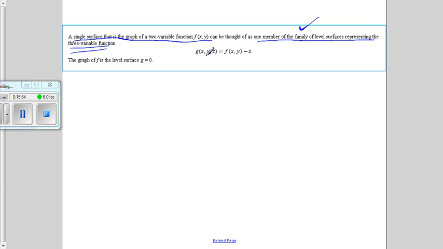Said again, if we were to have a two-variable system, z equals f of x, y, this is 3D, three dimensions, x, y, and z.